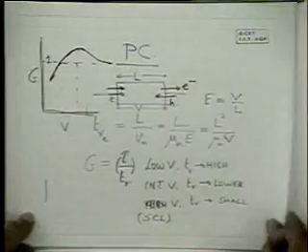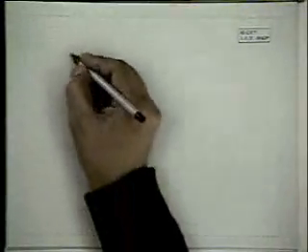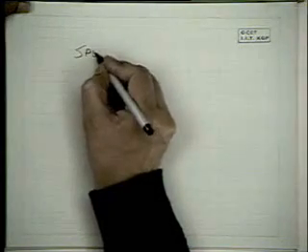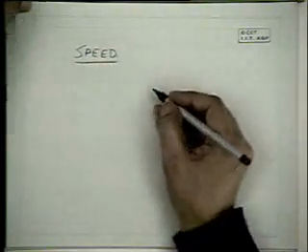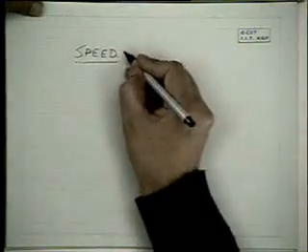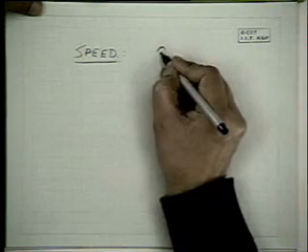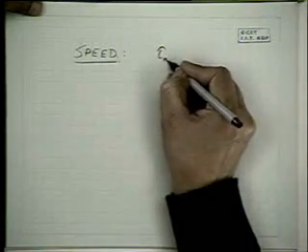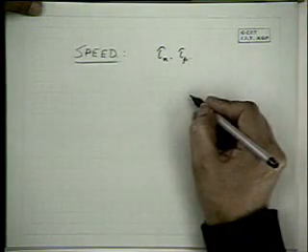What about the speed? The speed is obviously dependent upon the lifetime tau, tau n or tau p, whichever is larger.